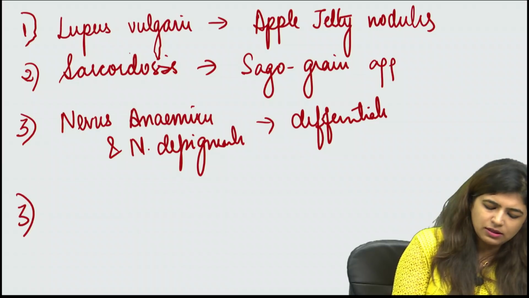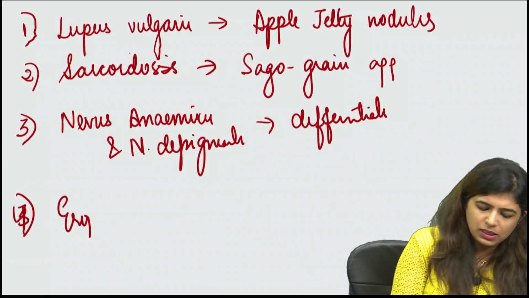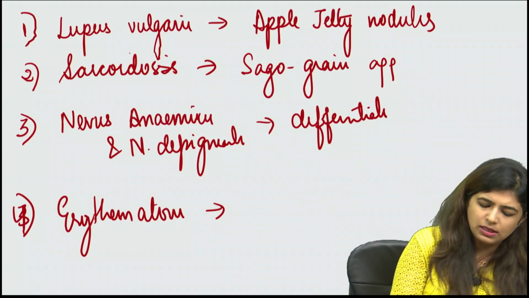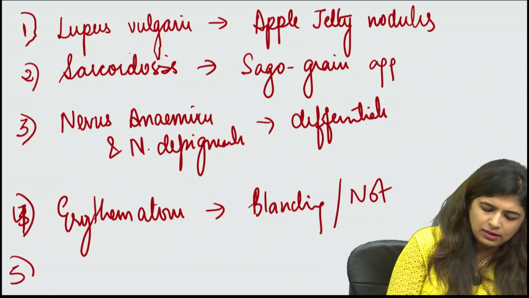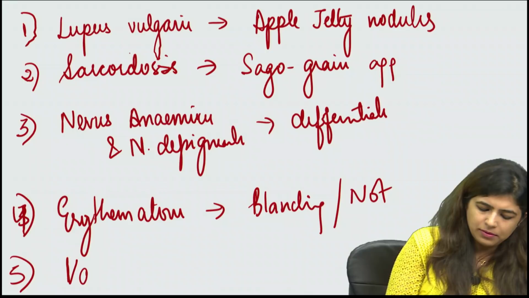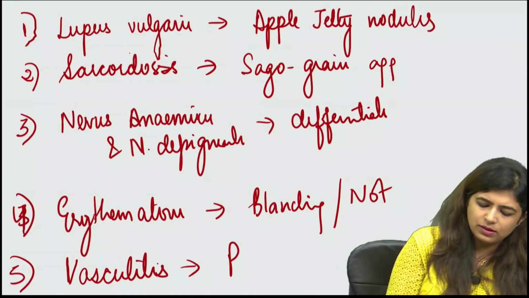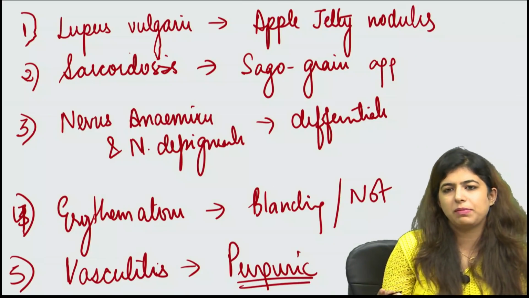And the fourth entity where you use are the erythematous lesions to see whether they are blanching or not, and in vasculitis to see whether it is purpuric, again it is blanching or not.